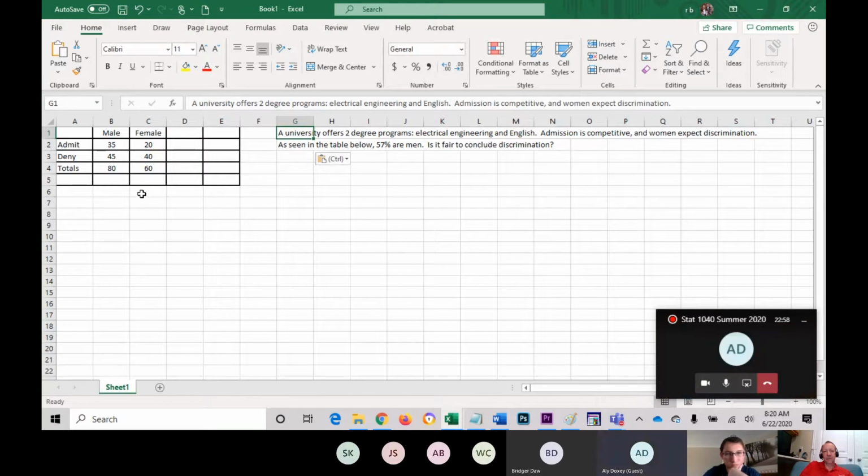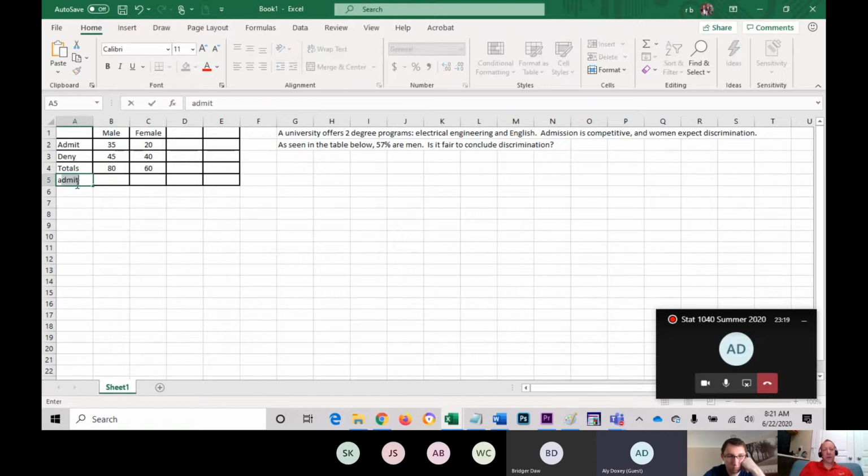Well, the proportion of males and females entering is different, because 80 males are applying and only 60 females are applying. So I guess you try and figure out the proportion of acceptance versus how many people are applying and then compare those two. Okay, so we could get the admit percent. And how would I do that? That was a good start there, Allie.